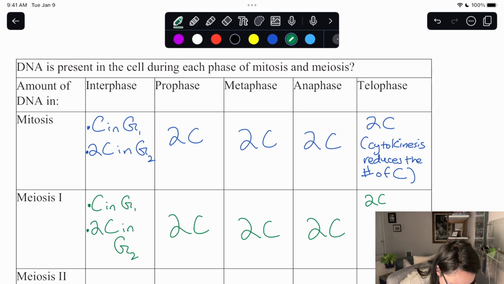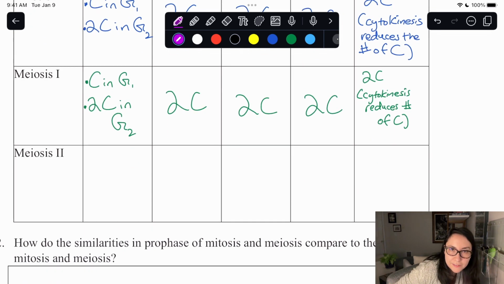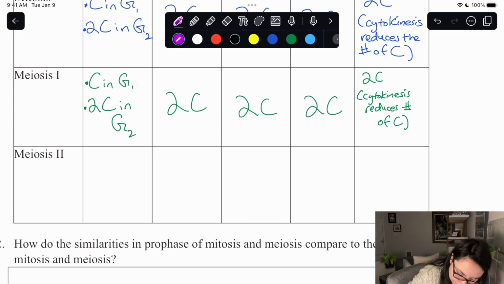And again, cytokinesis reduces the number of C. And then our purpley magenta color, meiosis 2, you have C in G1, 2C, oh, not 2C, excuse me.